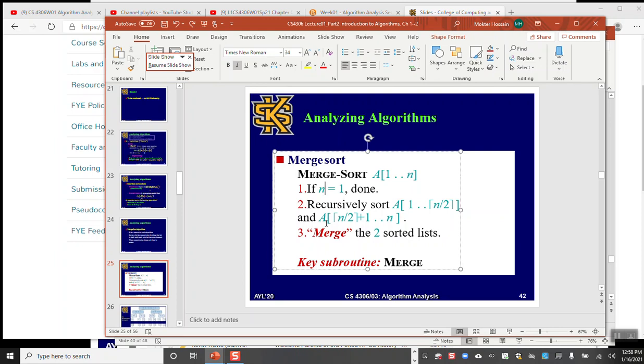Behind the scenes, the merge sort algorithm works recursively. Since you have taken the data structure course, you know that a recursive algorithm works intuitively and in place, and it is a faster algorithm. So in merge sort, what do we do?